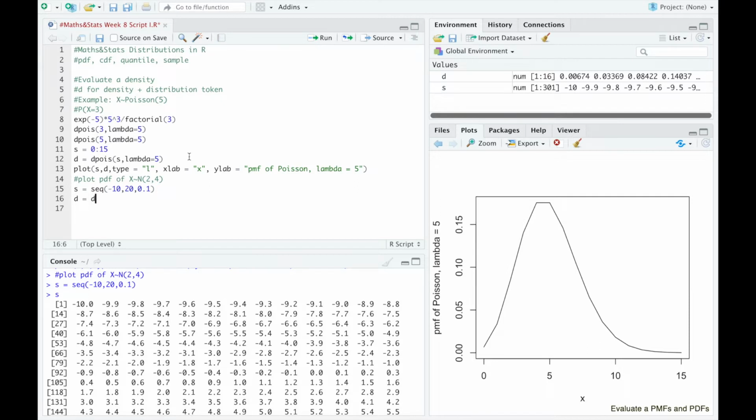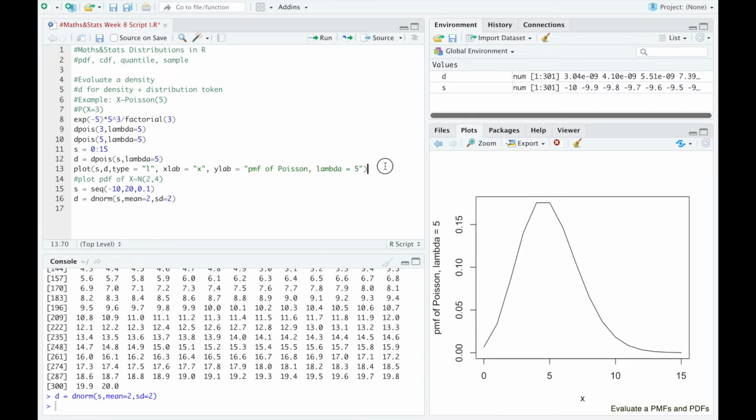The distribution token for the normal is just norm, so very easy as you can see. dnorm, so evaluated at these points with mean. We have to specify the mean, and be very careful here. In the function dnorm, we don't have to specify the variance but the standard deviation. So because the variance of our normal distribution was 4, we want to specify the standard deviation is 2, okay?